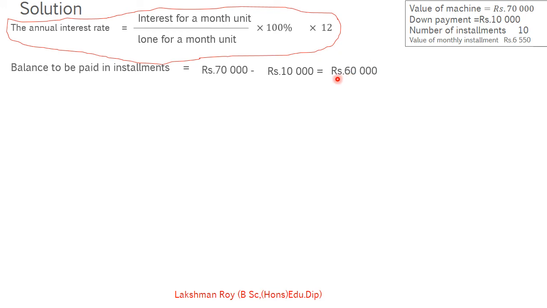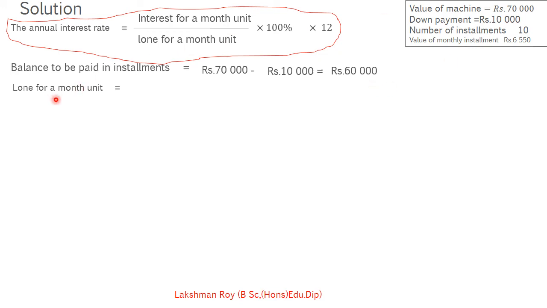Try to understand: if there is no interest, you can find the loan balance to be paid in month unit. Loan for a month unit means without interest. If there is no interest, you have to pay within 10 installments, so one installment's value is called the loan for a month unit.